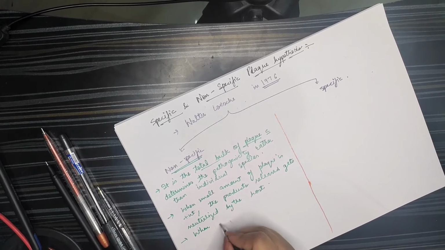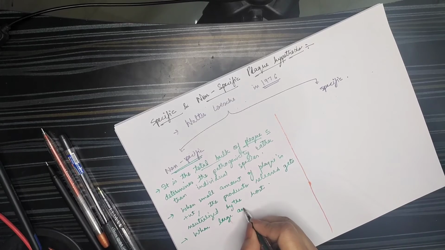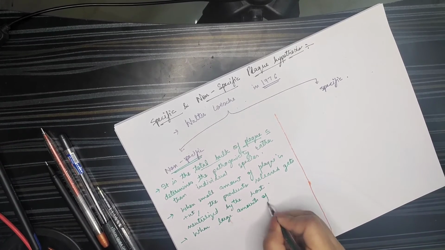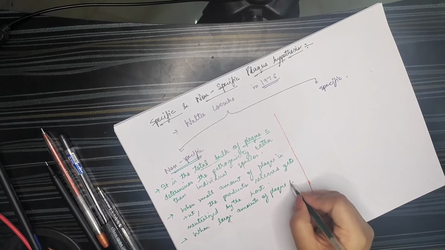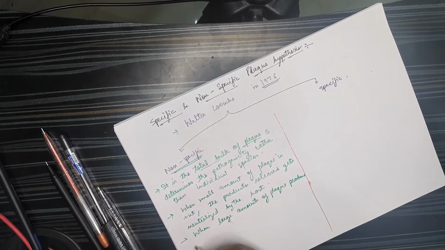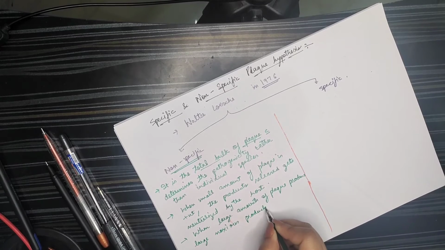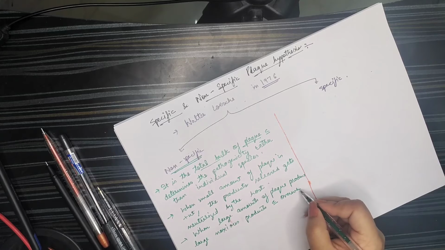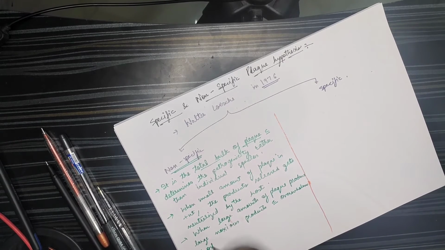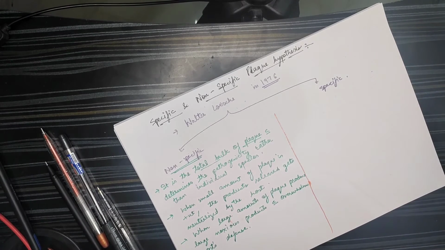And when large amounts of plaque produce large noxious products, they overwhelm the host's defense. This is similar to a class.